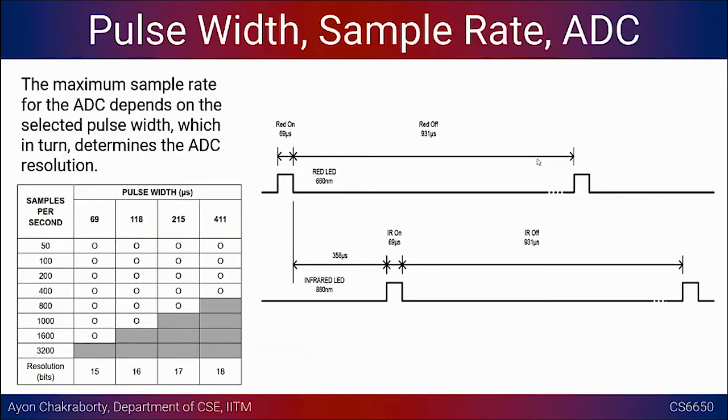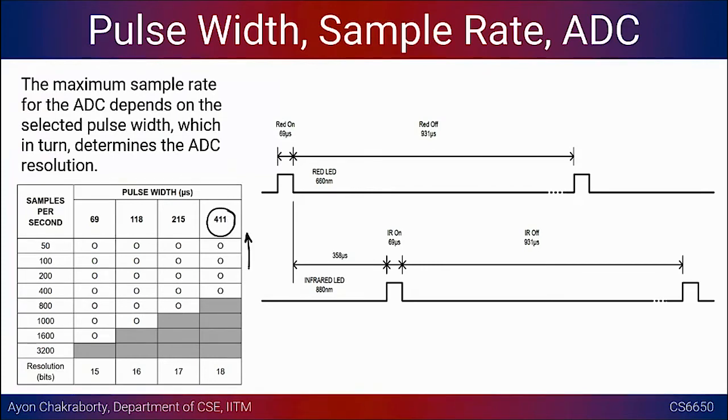So this chart summarizes the discussion that we had just now. The maximum sample rate for the ADC depends on the selected pulse width, which in turn determines the ADC resolution. So you cannot really choose whatever you feel like. If you keep on increasing your pulse width, let's say to 411, you are not going to use very high sample rates.